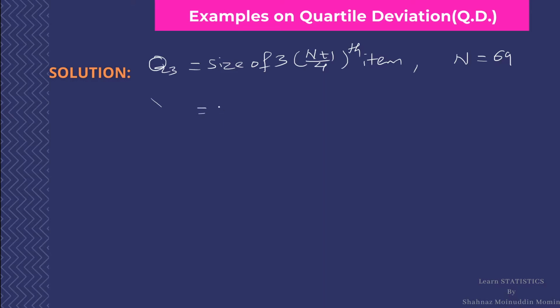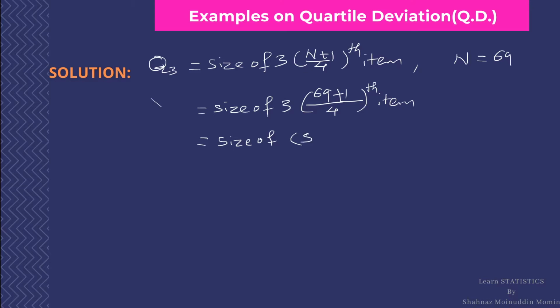So it is size of 3 into (69 plus 1) divided by 4th item, and after calculation, size of 52.5th item.